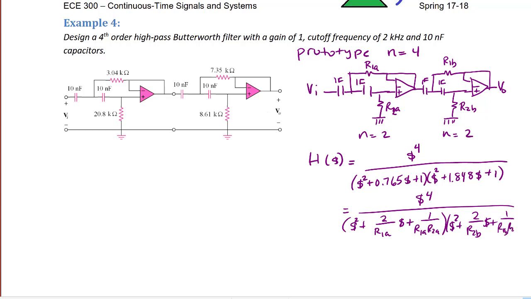Note that in that first polynomial, the middle coefficient should be 2 over R2A, not 2 over R1A.